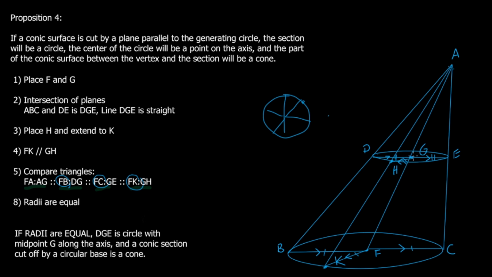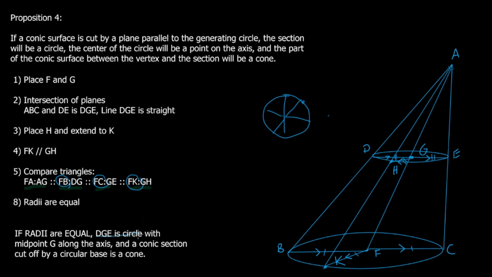and it means that since all of the lines are equal when they're drawn from point G, G is the center of the circle. And we constructed G by the section's intersection with the axis. So G is definitely a point on the axis, and it's also the center of the circle.